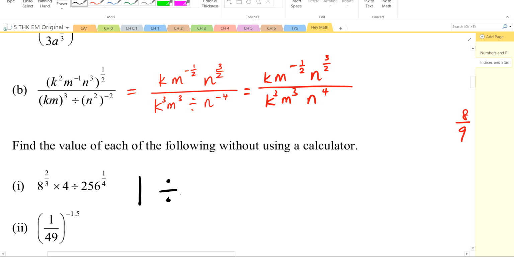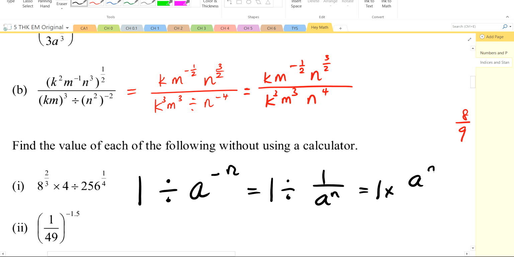1 divided by a to the power of negative n equals to 1 divided by a to the power of n with a 1 over. Am I right? Okay, let's rewrite this. 1 over a power n. This one equals to 1 multiplied by a power n over 1, which is a power n.